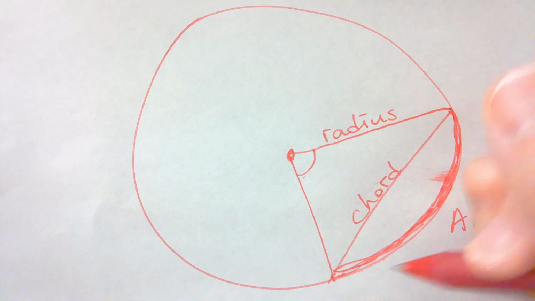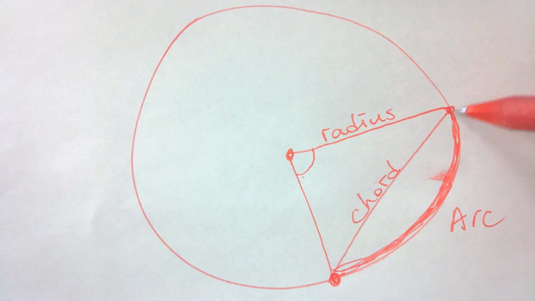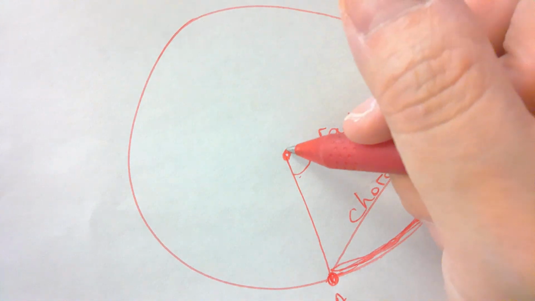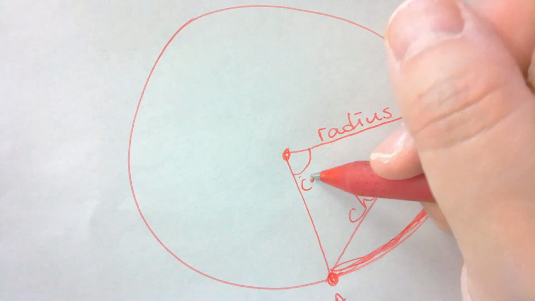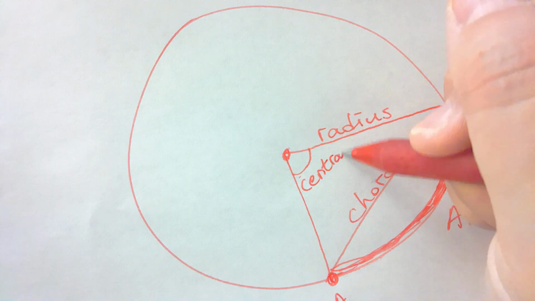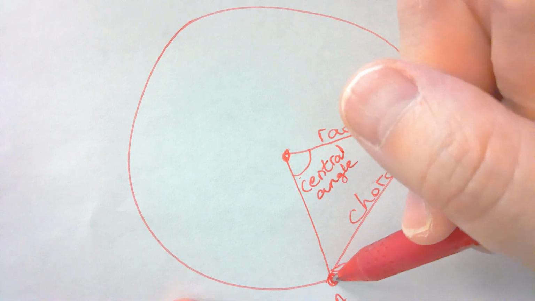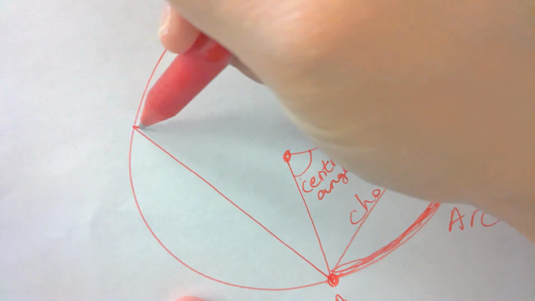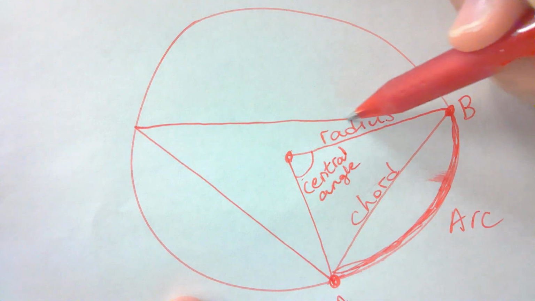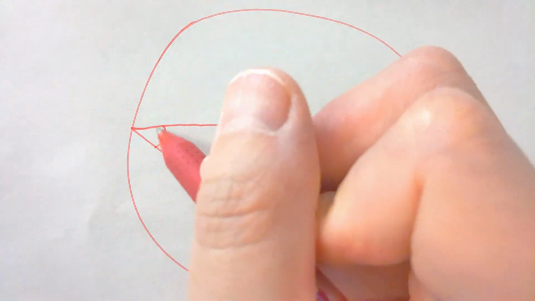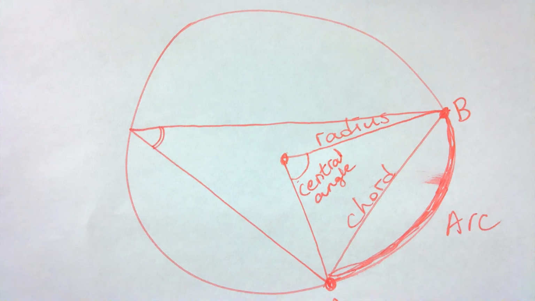Central. All right, this is my arc. It's arc AB, and it goes to the center. So this is my central angle. Okay. Okay, what would this angle be called? Yep, inscribed.